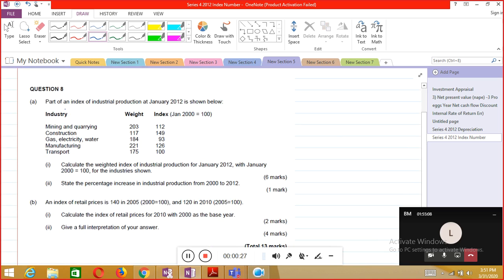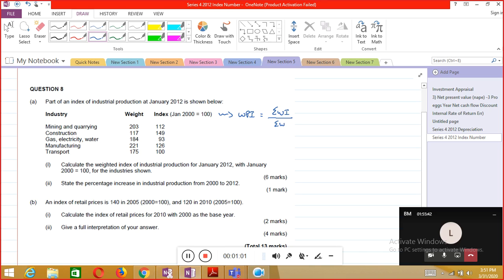Okay, now if you look at part A, they gave you all this information. They gave you weight and index. Whenever you see weight and index, the only formula that you have to use is the WPI formula, which is total WI over total W. So this is the formula you have to use.